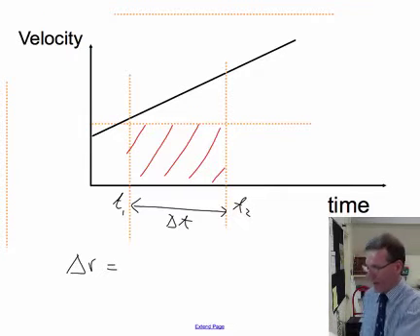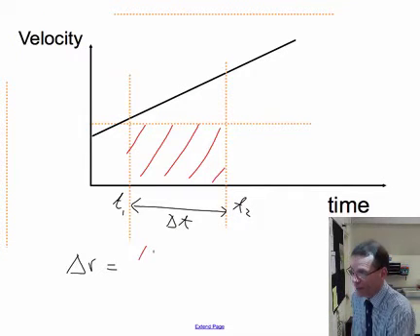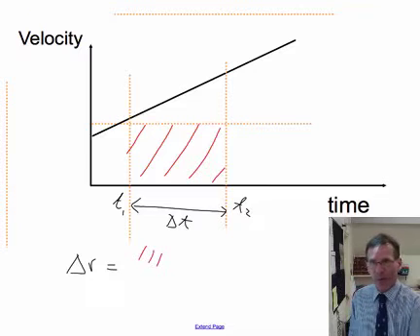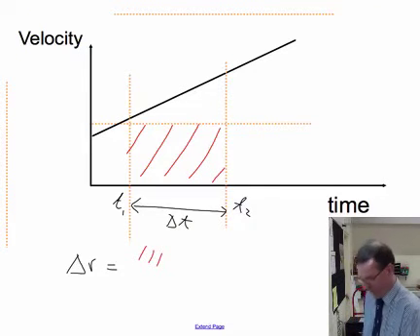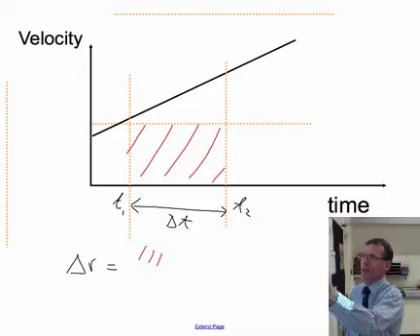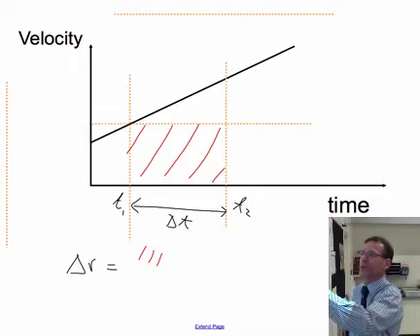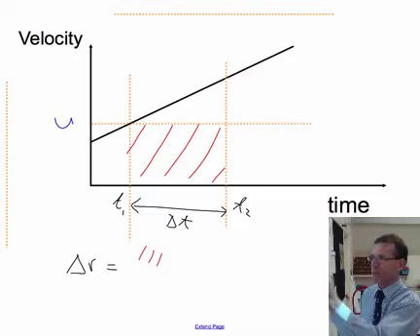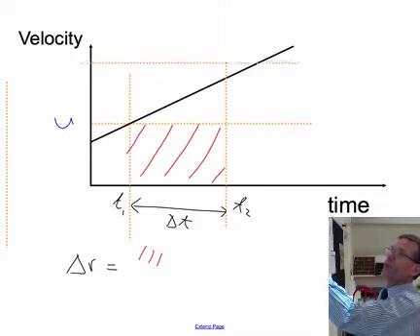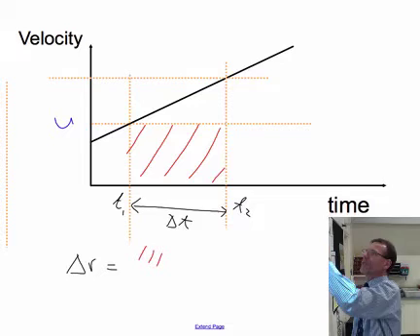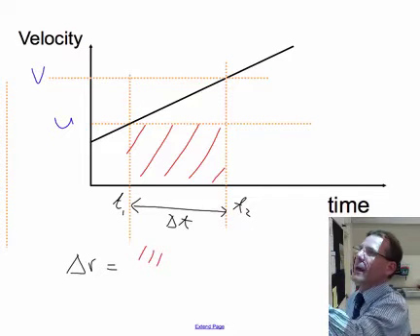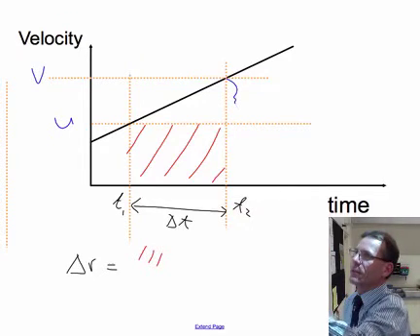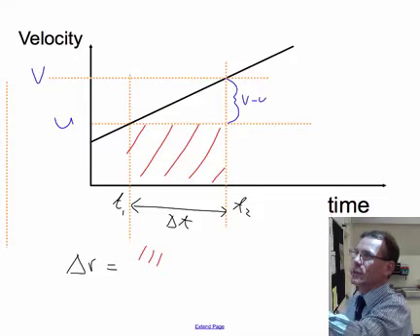Well, first of all, it's going to be the area under the red area, the area under the rectangle, and we already know what that is. But of course it's accelerating. So this is our initial velocity, u, when t1 starts. And this is our final velocity, so that's going to be v, which makes the height difference between these v minus u.